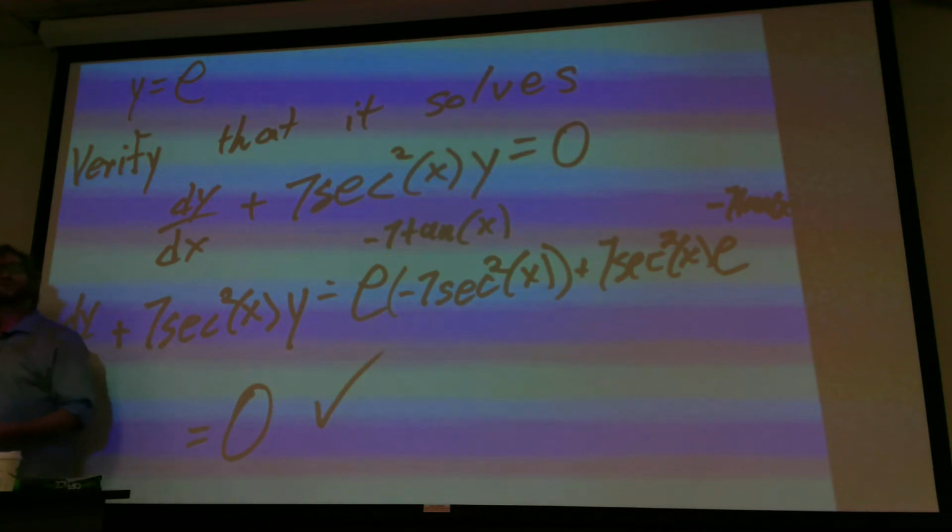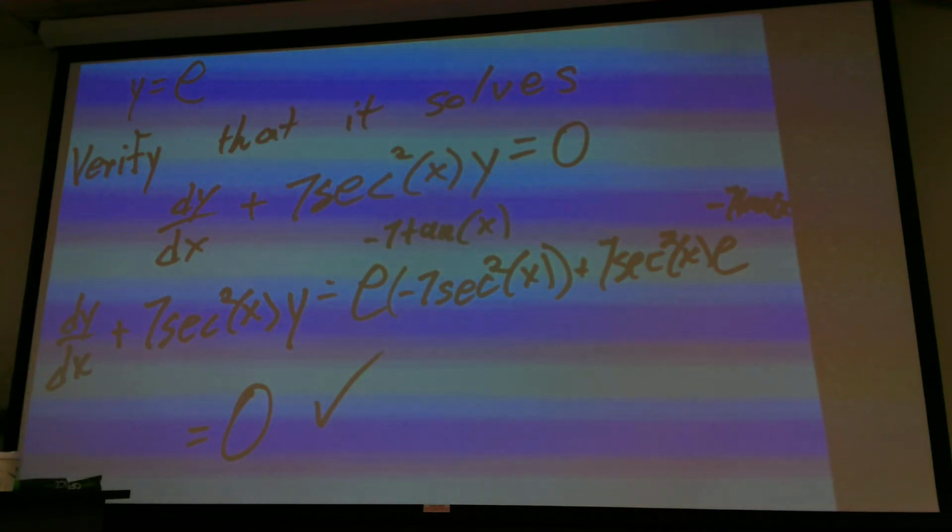Okay, that was a little bit short for just one video, so let's go ahead and do problem 2 as well. Okay, so problem 2 says find an explicit solution to the initial value problem through separation of variables.